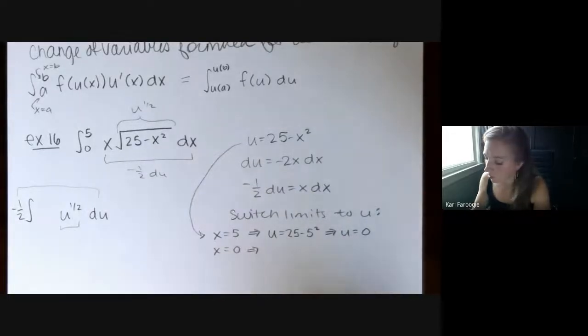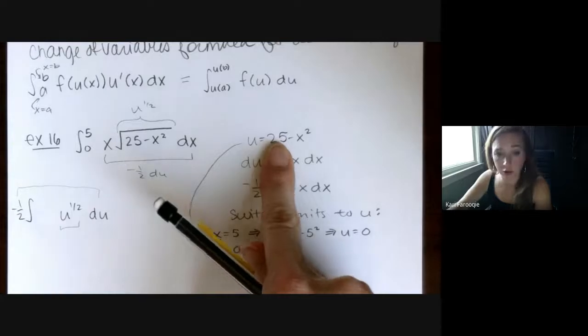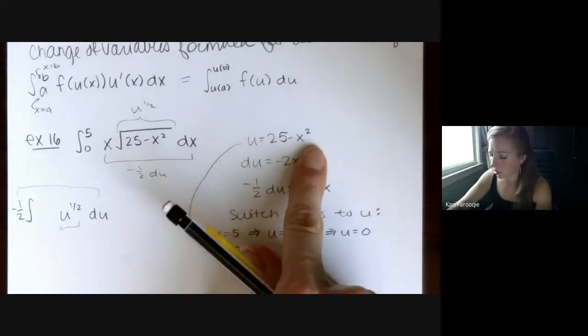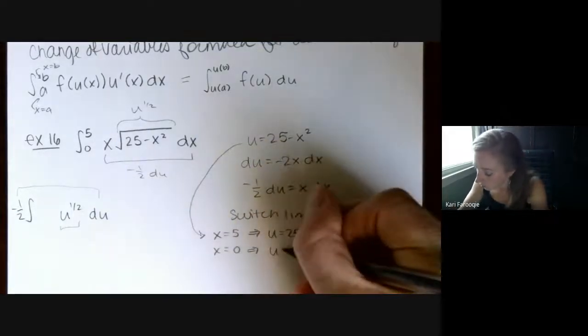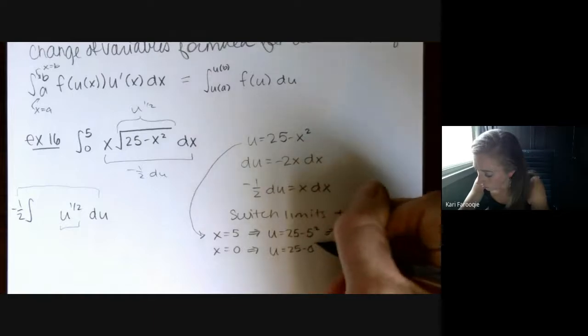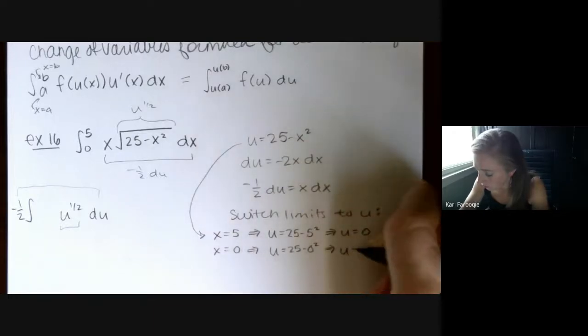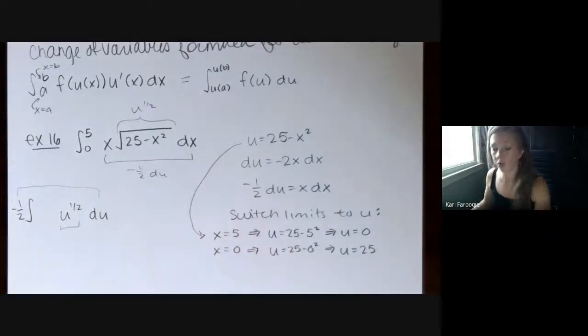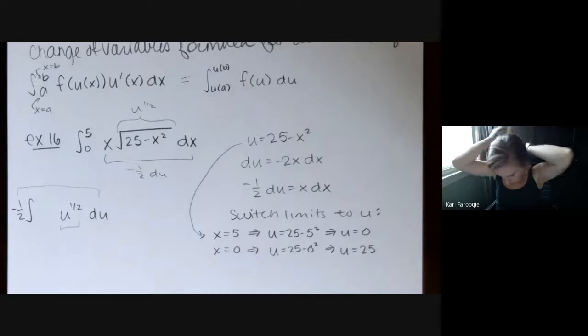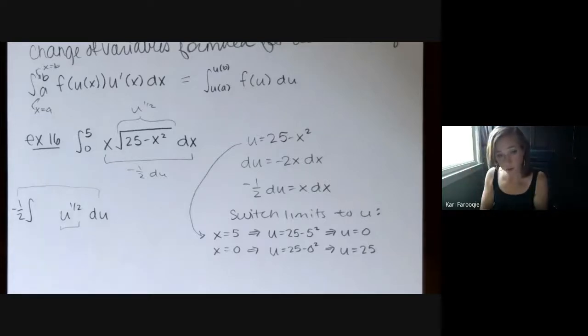If we let x be 0 and we know that u is 25 minus x squared, well, then we're going to have u equals 25 minus 0 squared. And we'll get u equals 25. Now, these are my new upper and lower limits.